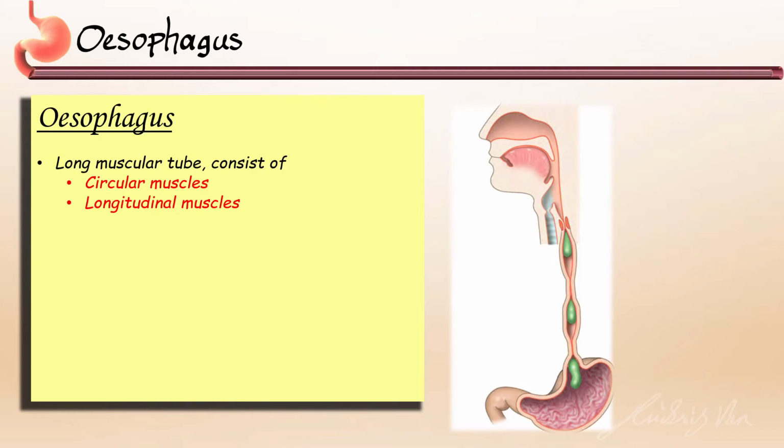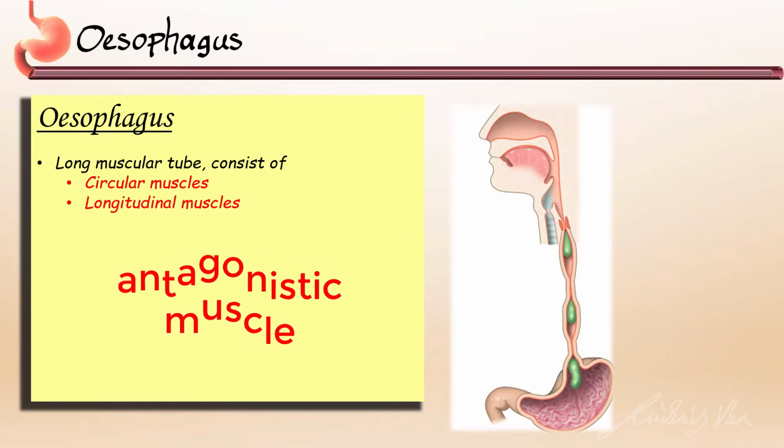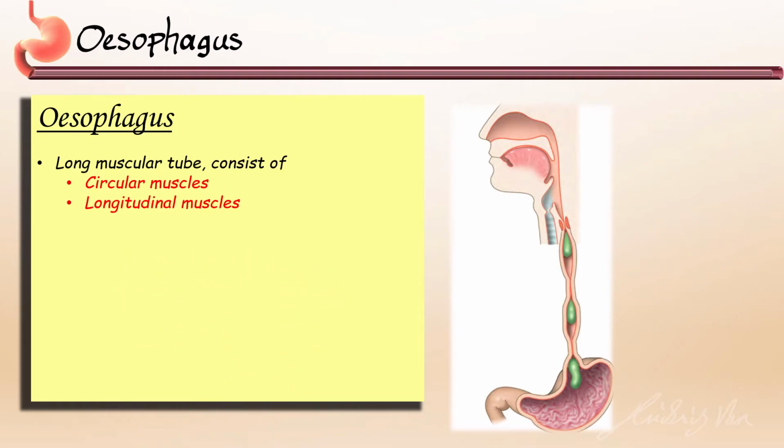These two muscles, circular muscle as well as longitudinal muscle, are antagonistic muscles. That means when one contracts, the other one will relax. When one relaxes, the other one will contract. So antagonists do the opposite of what each other is doing. Something like the villain will do the opposite of the protagonist.